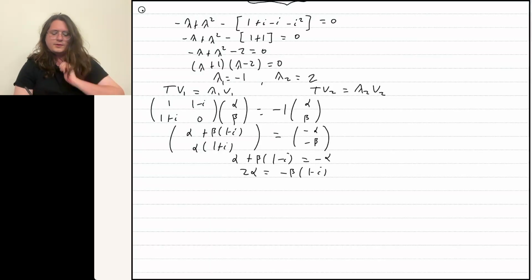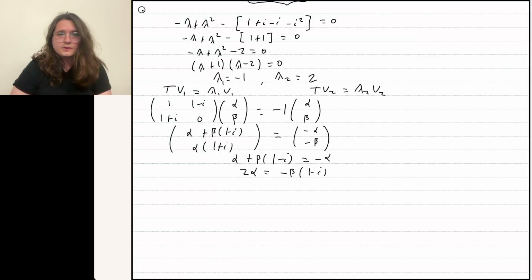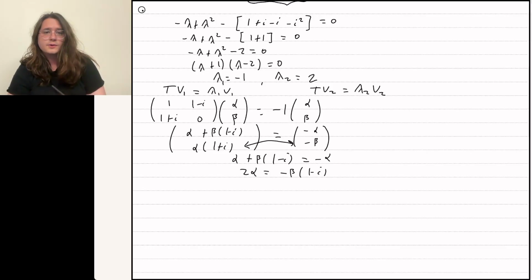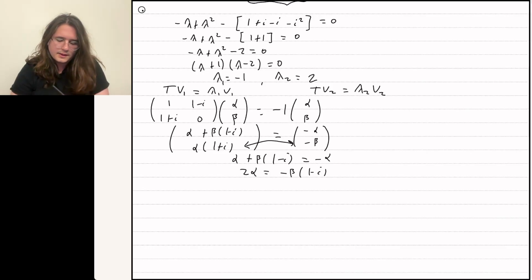And then if you plug this solution into the other element here, that gives you a different equation. You're just going to find that one of the variables is free. That is the case for pretty much every eigenvector problem.